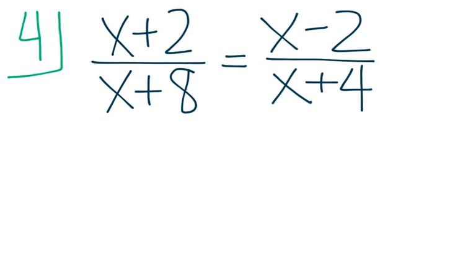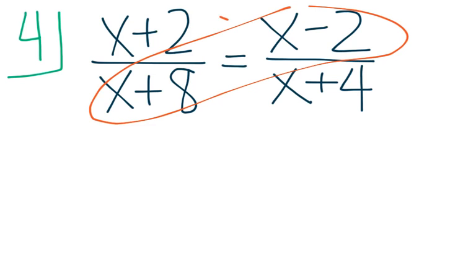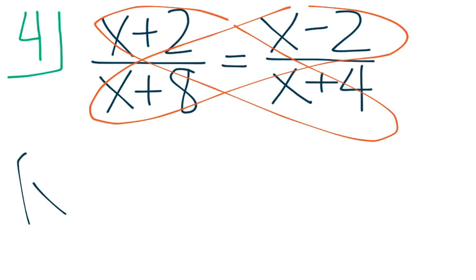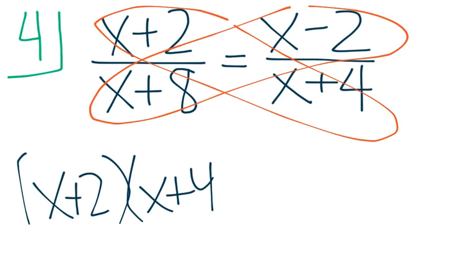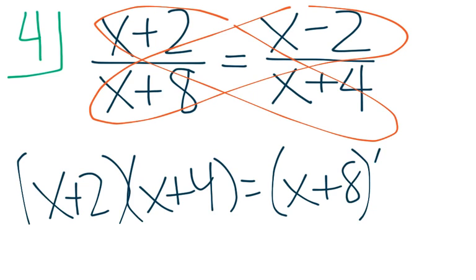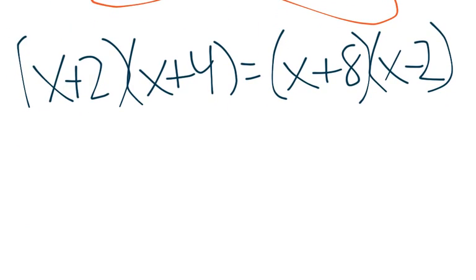Whenever we have two fractions that are equal to each other, we can just solve by cross multiplying. So what we end up with is x plus 2 times x plus 4 equals x plus 8 times x minus 2. And now we want to FOIL these, so first, outer, inner, last.